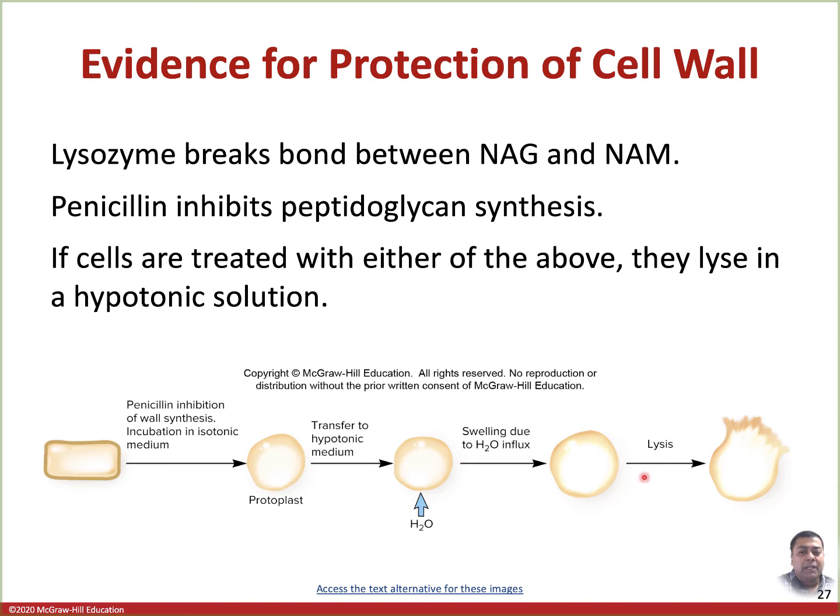This is a typical condition that happens in an animal cell. Say you take a red blood cell and put it in distilled water. This is what is going to happen, which we call osmotic lysis. The cell wall prevents this process, but we can use lysozyme or penicillin. Lysozyme is a natural material that is present to prevent bacterial infection. Penicillin is a drug. They all kill the bacteria the same way.